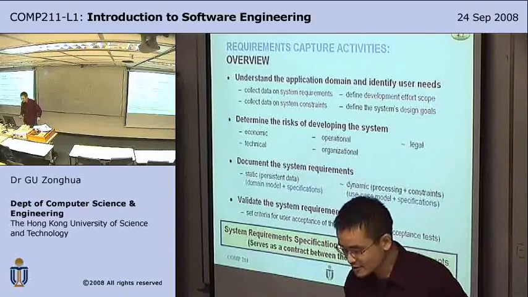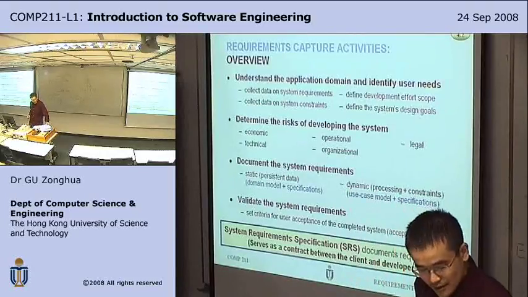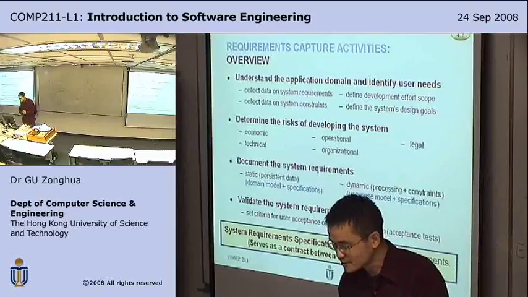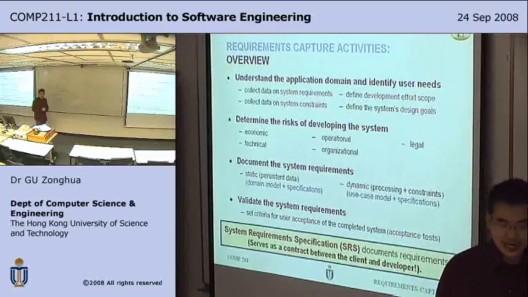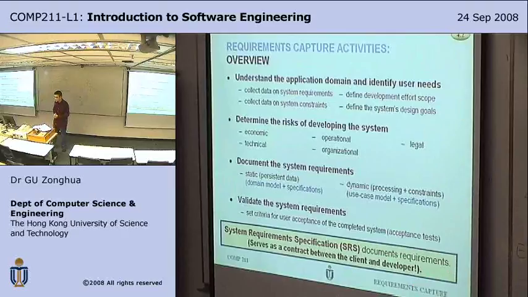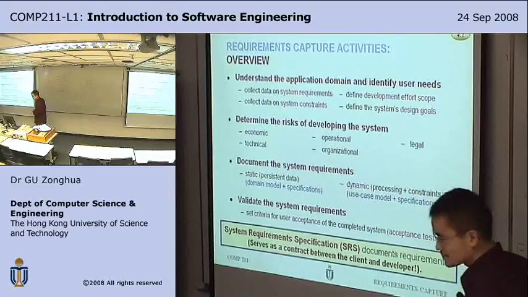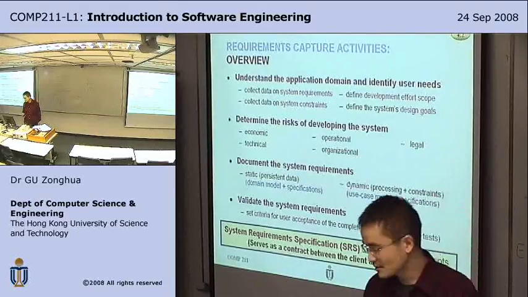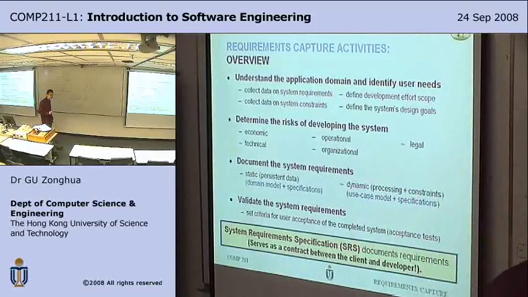So document the system requirements. There are two parts of documents. One is the static part that describes the static persistent data, the database schema essentially. Here we call it the domain model. It essentially is the same as the database schema. We just call it a different name.